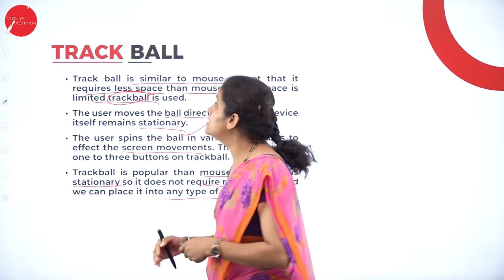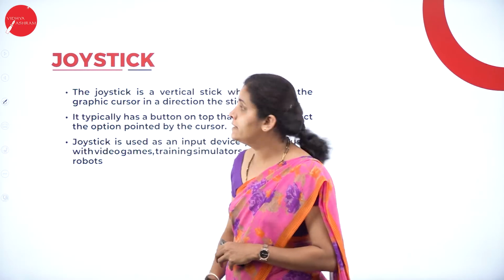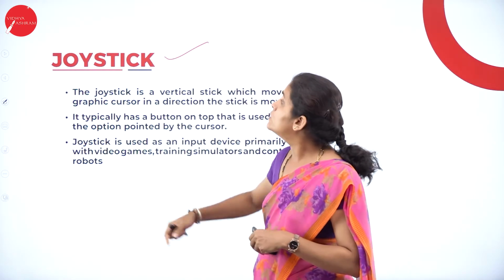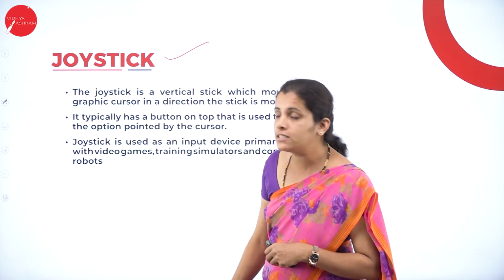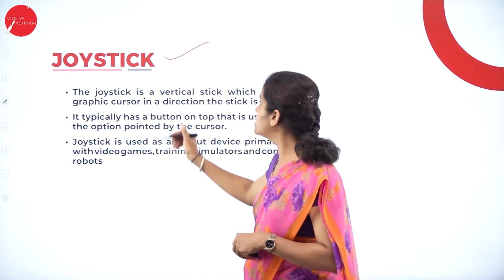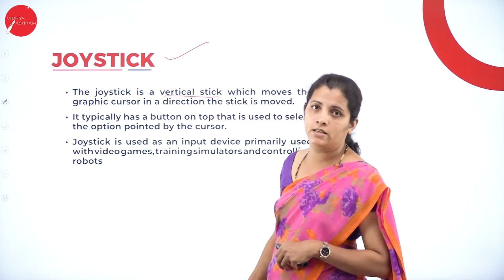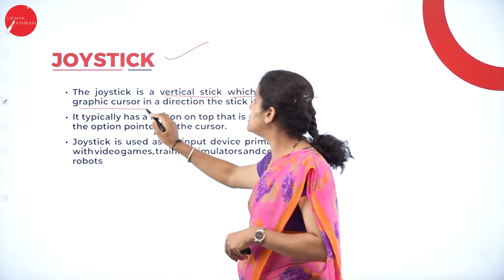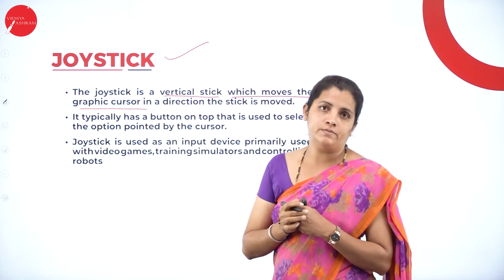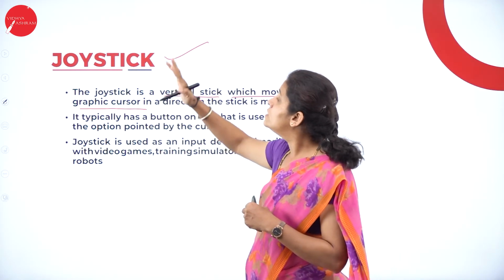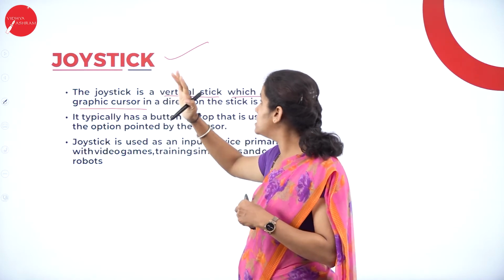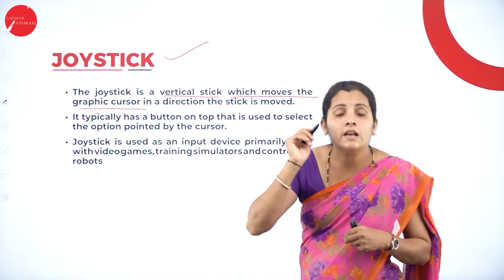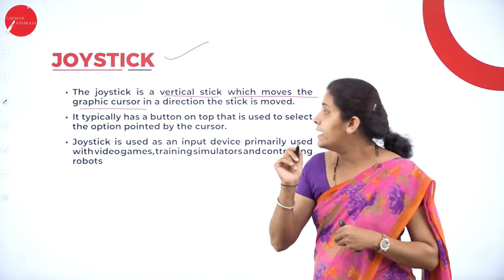Dear students, the next type is the joystick. So what is a joystick? The name itself indicates that it is a stick. It is a vertical stick which moves the graphic cursor in all directions.